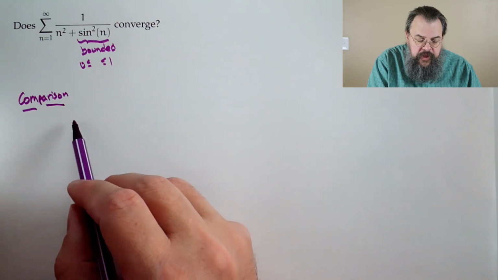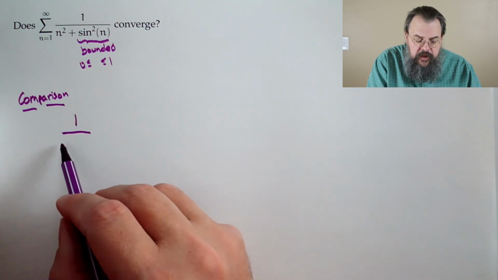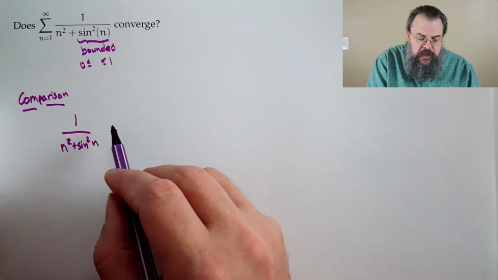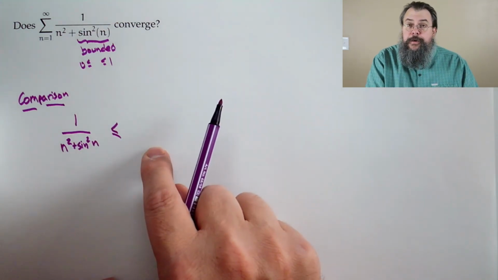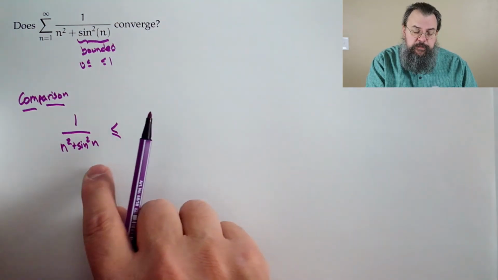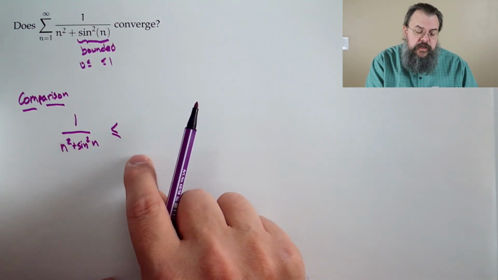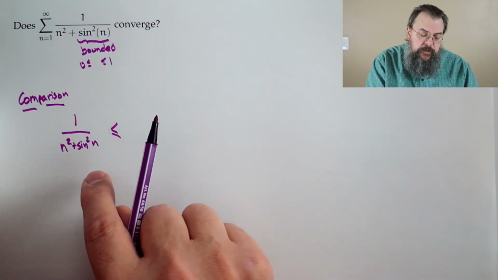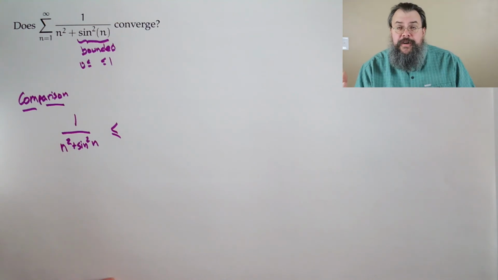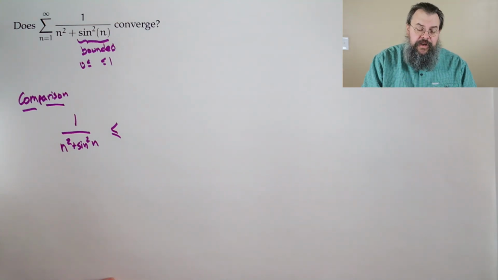Why? Well, we think this converges. So we want to find something that's above here which converges. Well, we go back to our philosophy: larger denominator, smaller value.